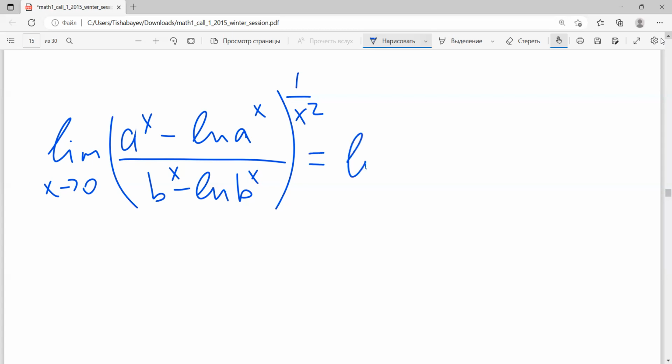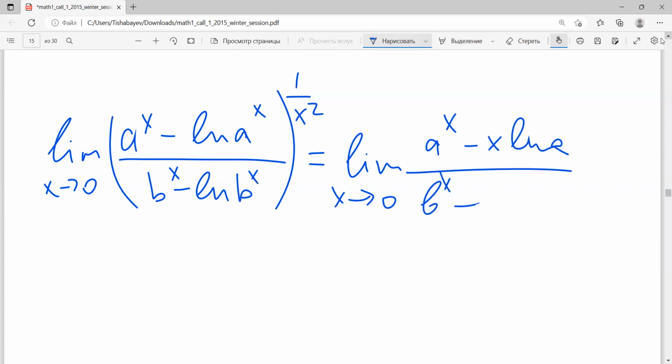So we can simplify this one: limit as x tends to 0, a^x minus x natural logarithm of a, over b^x minus x natural logarithm of b, yes? Do you agree? Yes. What can we do here?